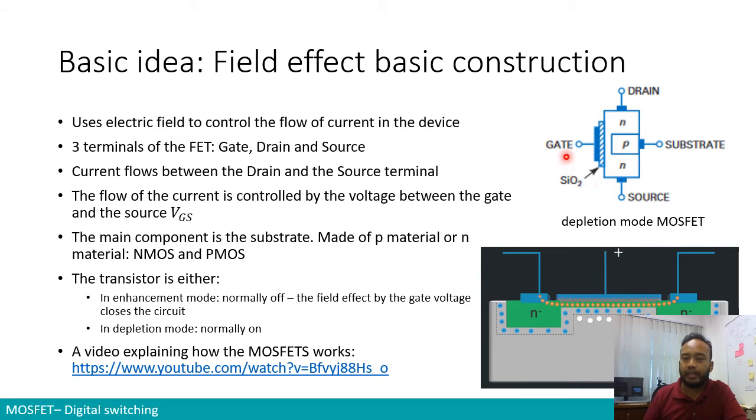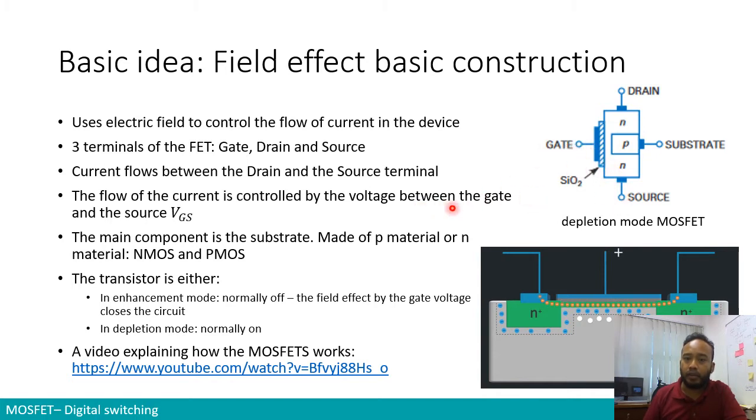The electric field is created by supplying voltage to the gate, what we call later VGS, the voltage between the gate and the source. Then the current flows between the drain and the source, in this direction, just like in BJT. The flow of the current is controlled by the gate voltage VGS.